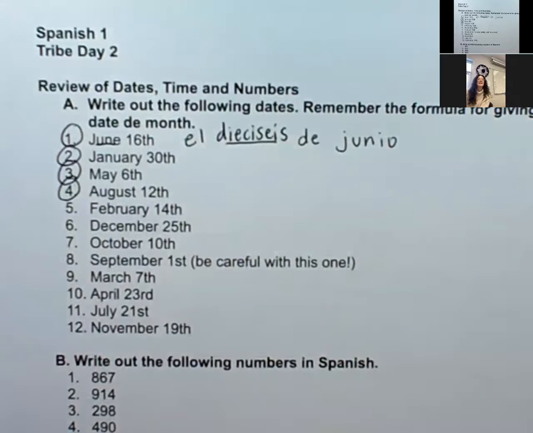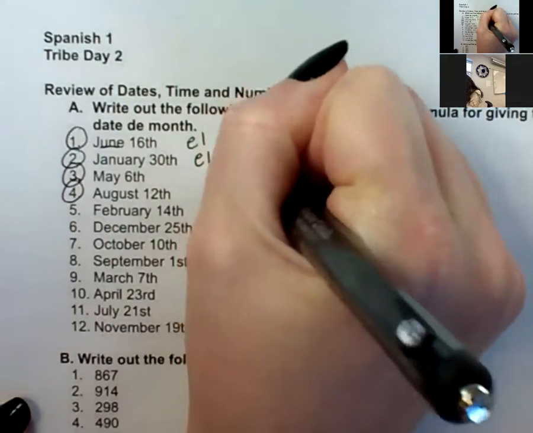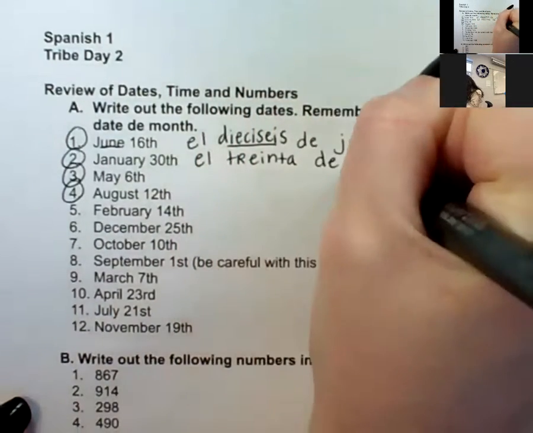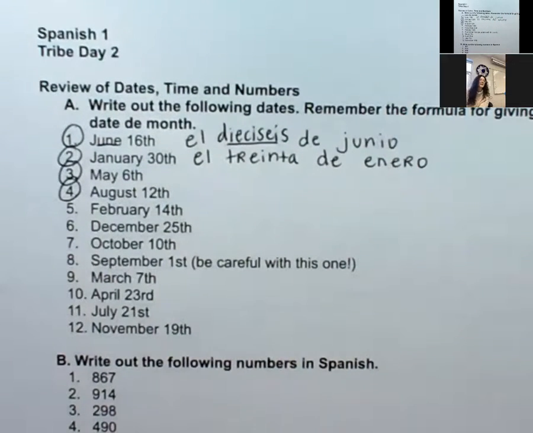El 16 de junio. Número 2, we have January 30th. So that would be el 30. Day, and then the month, enero. 30 de enero.